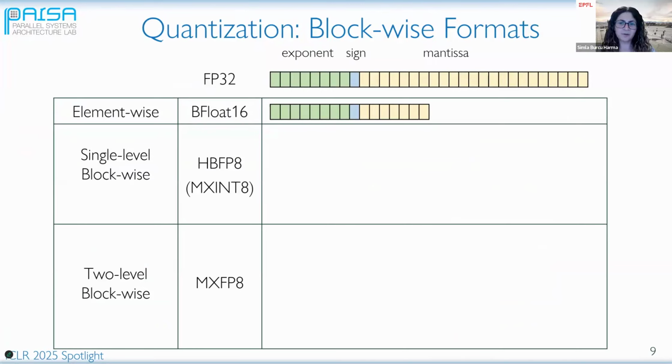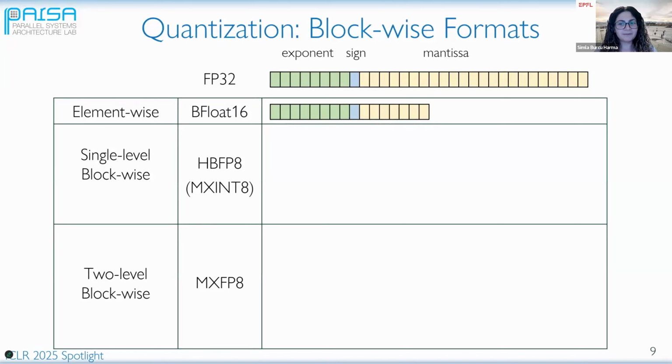There have been several proposals for a new numerical format for DNN training and inference, and every numerical format has a scaling factor, either implemented in software like the scaling factors in integer quantization, or in the hardware like the exponent for floating point numbers. So we can divide all these formats into 3 categories with respect to the granularity and the level of these scaling factors. And I will provide one example in each category.